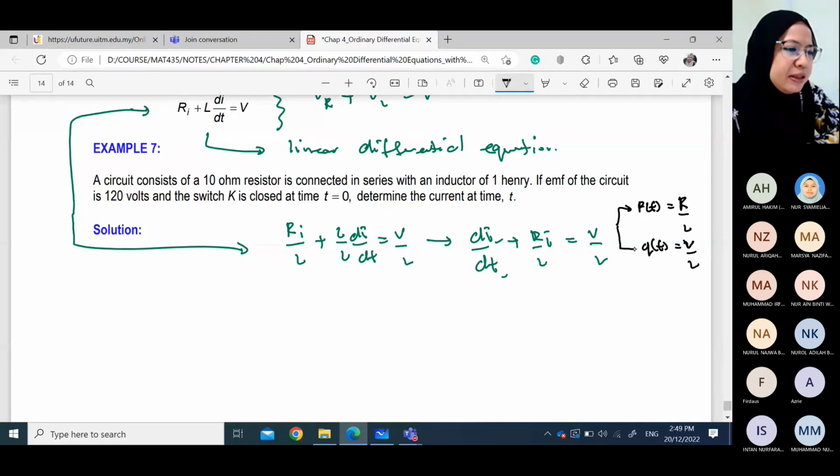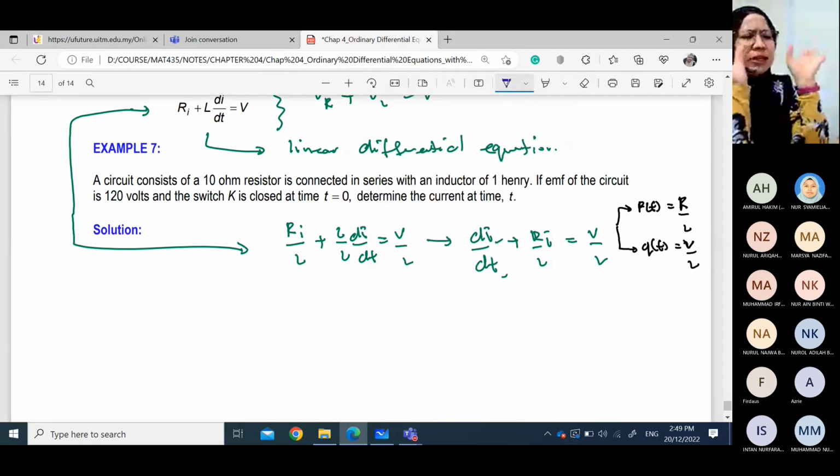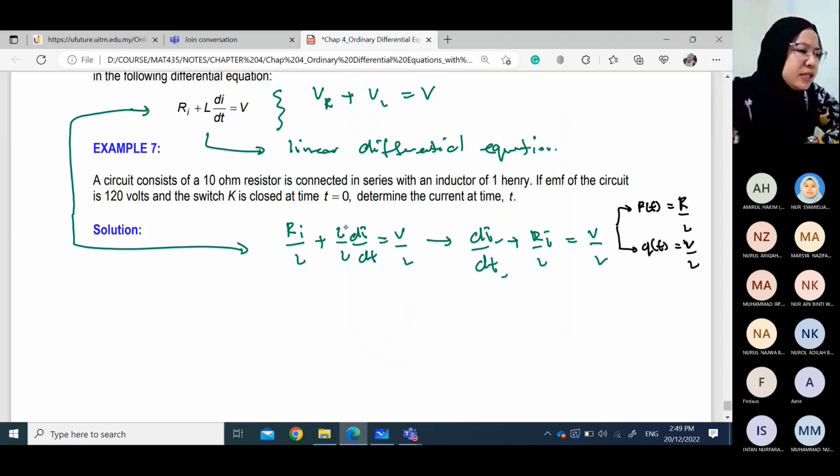Alright. So this one. Okay, let's look at the general form for a linear differential equation that we discussed before: dy/dx plus p of x times y equals q of x.